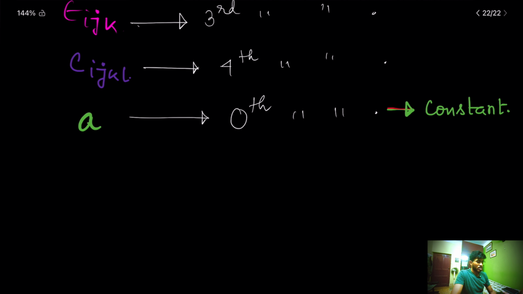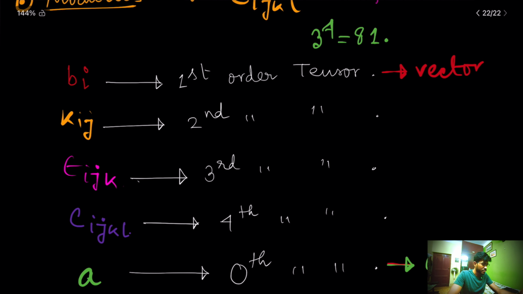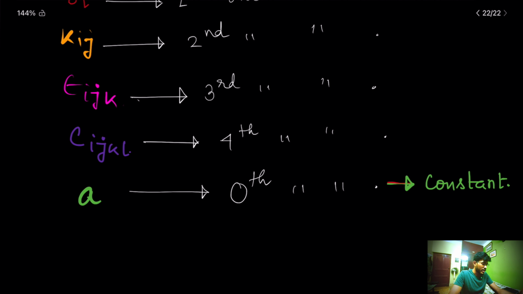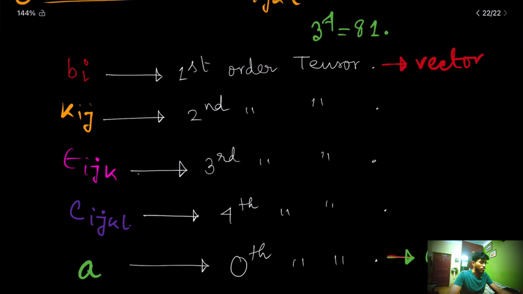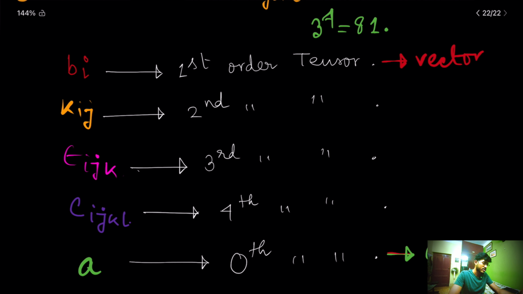So a tensor is more general than a vector, right? So a vector is also a first order tensor. I have already introduced to you the concept of free index, and the 0th order, first order, second order and fourth order tensors.